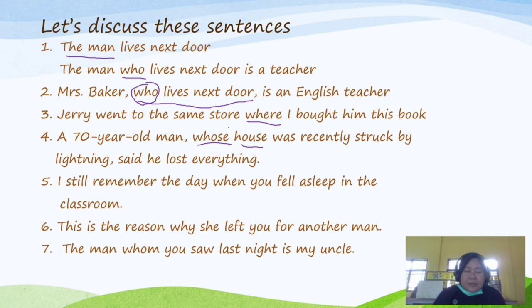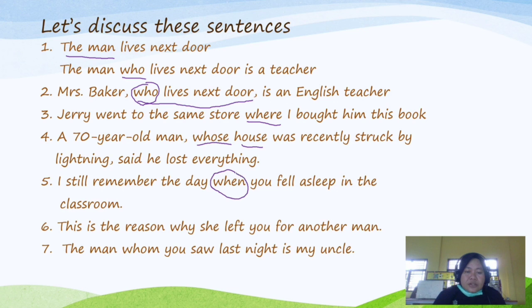This adjective clause describes a belonging of a 70-year-old man. And if you find a comma in your adjective clause, it means that it is modifying, everyone.